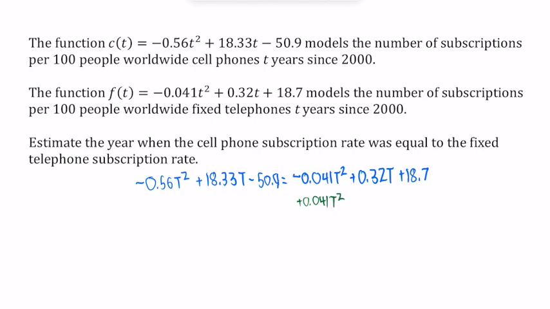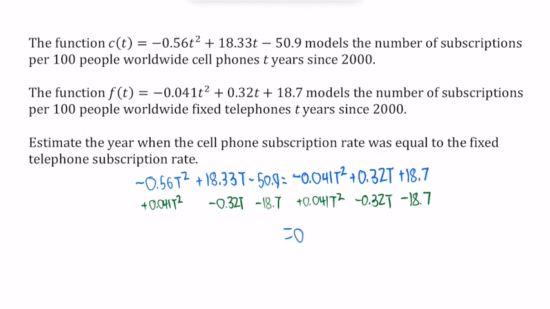So I'm going to get rid of all the terms on the right side of this equation. I start by adding 0.041t squared to both sides. I'll subtract 0.32t from both sides, and I'll subtract 18.7 from both sides. This is going to give us 0 on the right side.